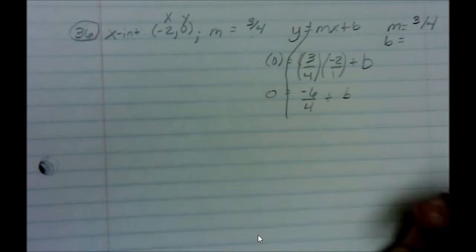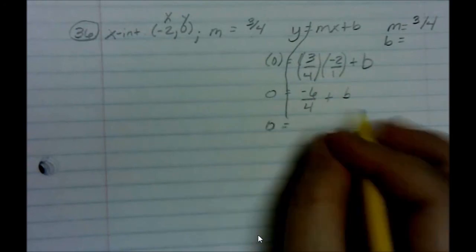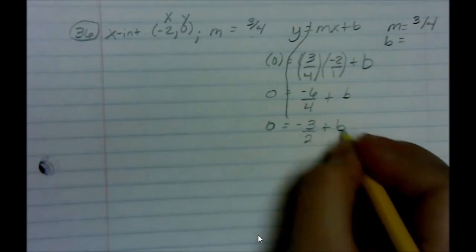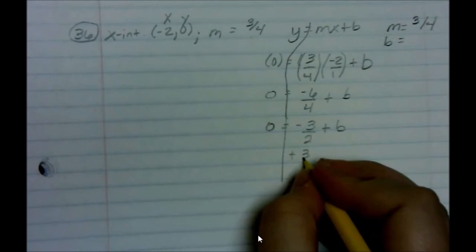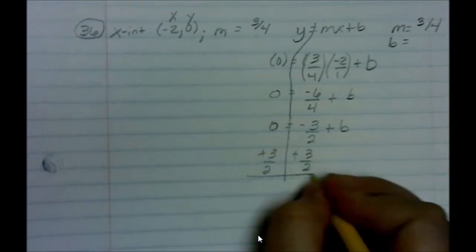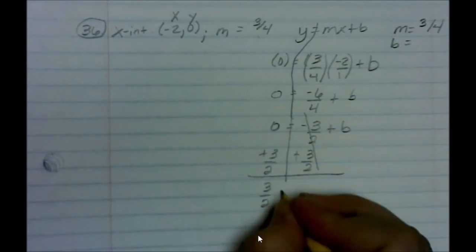I can simplify that by dividing my numerator and denominator by 2, which will give me 0 equals -3/2 plus b. And then to get b by itself, you add 3/2 to both sides, which gives you 3/2 equals b.